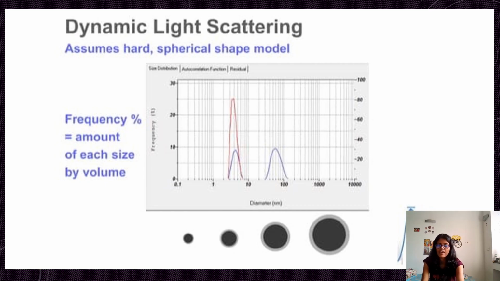We can also see that there's a sharp peak, and the sharp peak suggests that the particles are of uniform size with little variability. And if there were a broad peak, it indicates a wide size distribution, often due to sample polydispersity.